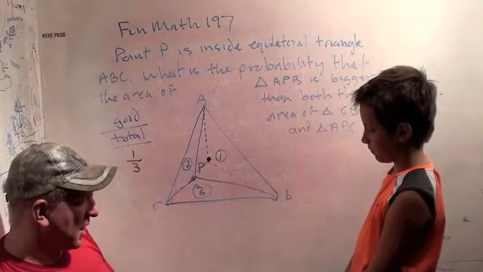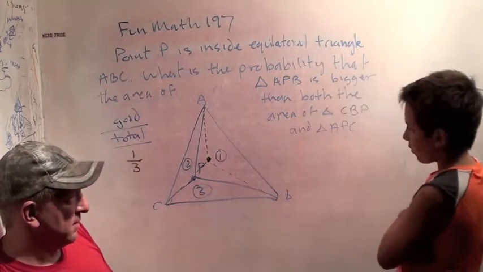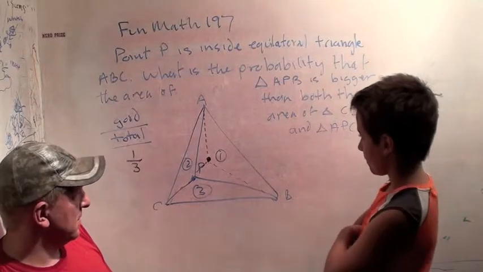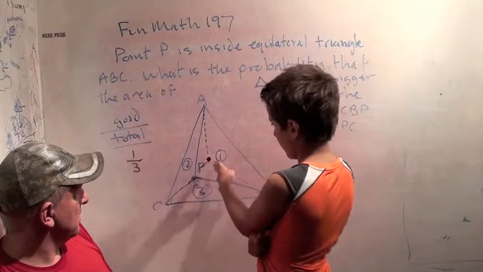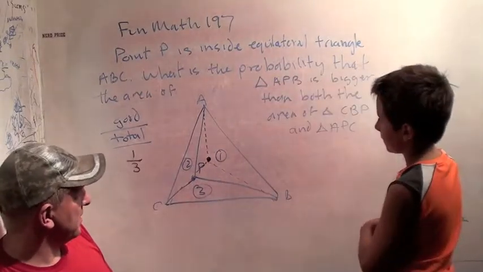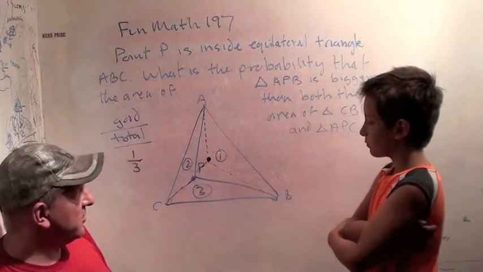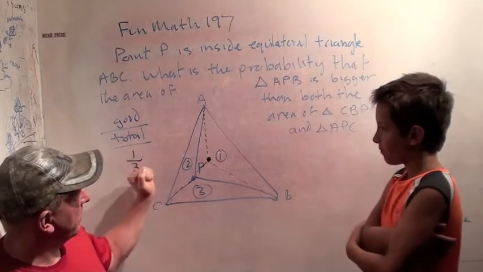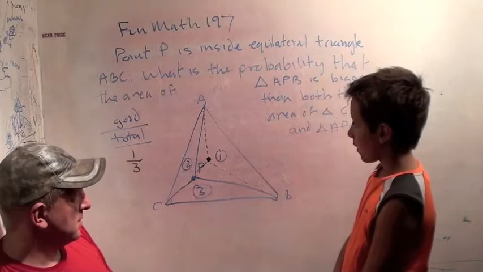Okay, now how can we convince ourselves that that is right? Well, this point P that we picked here will make triangle 1 bigger than 2 and 3. Yeah, that's why I drew it to show triangle 1. What can we do that helps us understand that 1 out of 3 is the right answer?